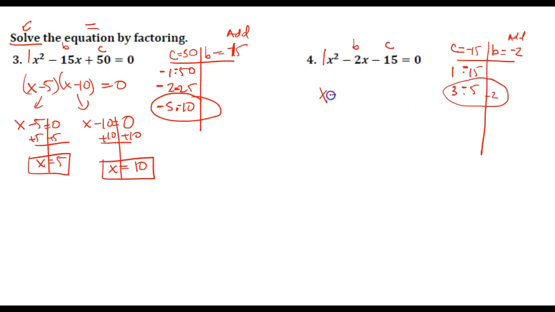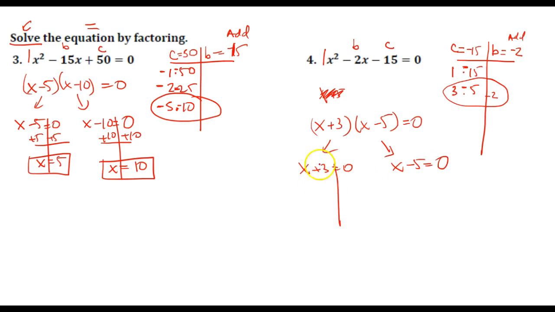So that would be x plus 3 and x minus 5, which because they asked us to solve, I have to set each one of these factors equal to 0 and solve. So what's the opposite of a positive 3?